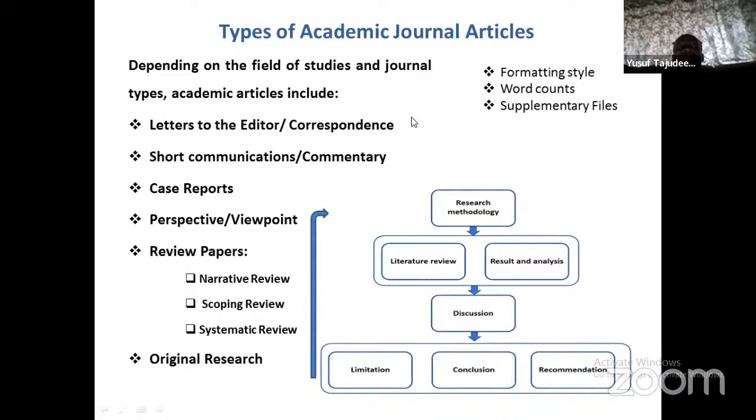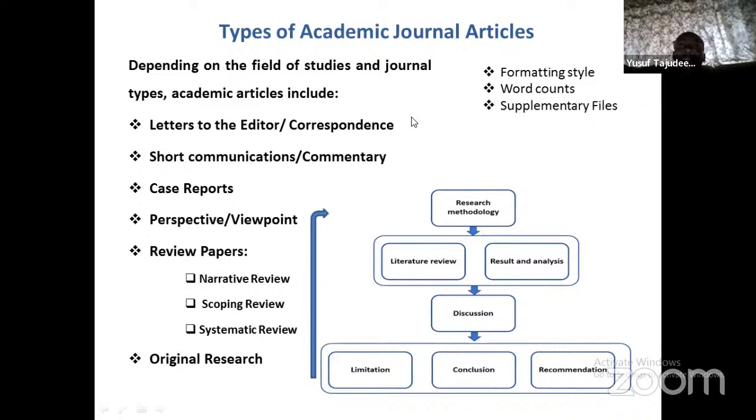It is usually structured in a way that you include your abstract and your introduction, but you don't have to include your methodology in perspectives or viewpoints. You just write your abstract, introduction, headings, subheadings, then conclusions and recommendations, because you are providing a perspective on a particular issue.